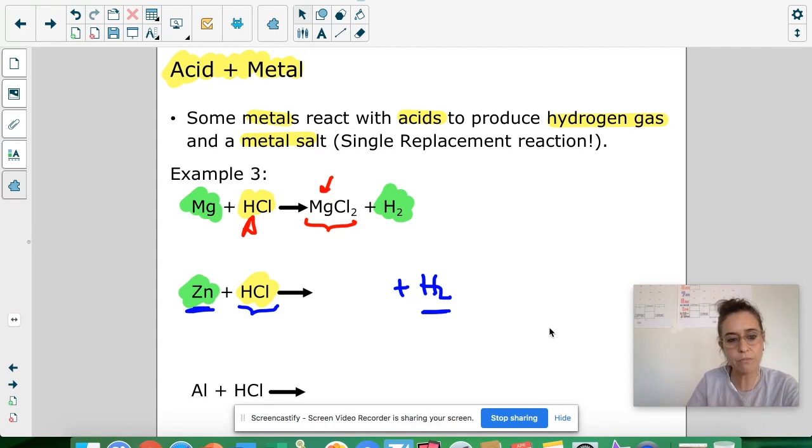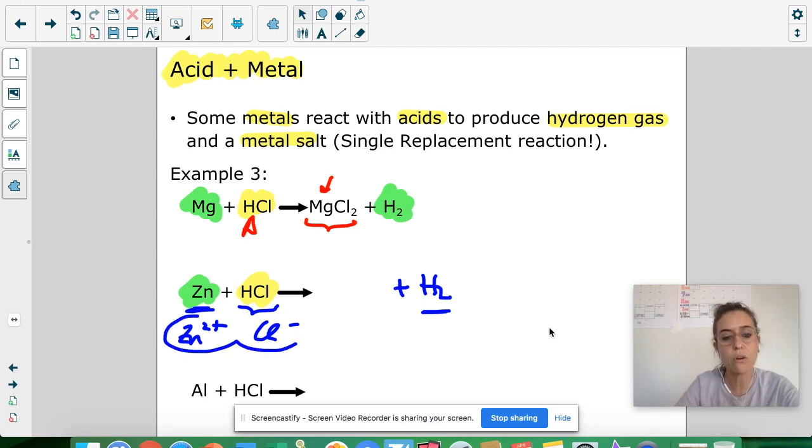So what's remaining from the acid when it loses the proton? The chloride. What is the charge of this metal? Zinc 2 plus. So when these two combine together, they form the metal salt. And the metal salt is going to be zinc chloride. Okay? All right, one more example.